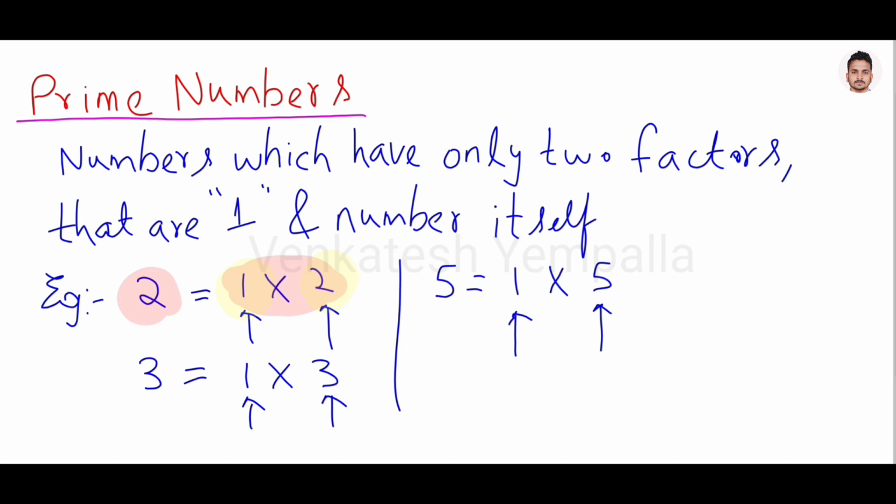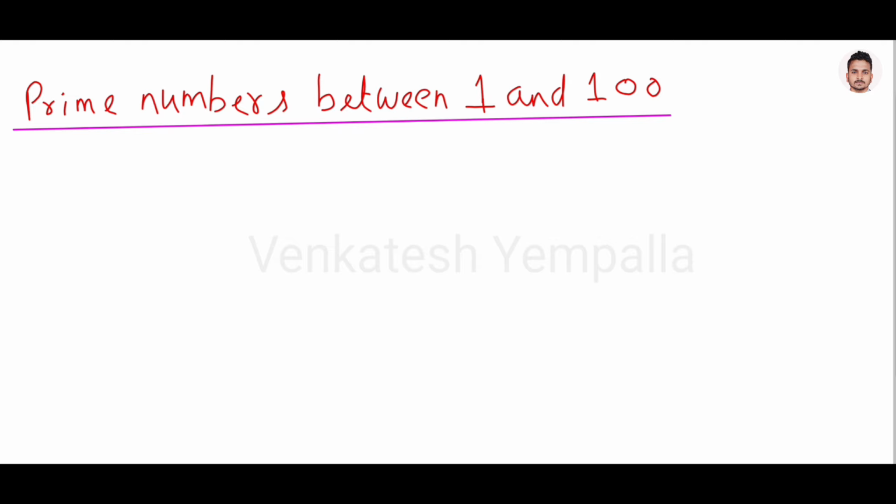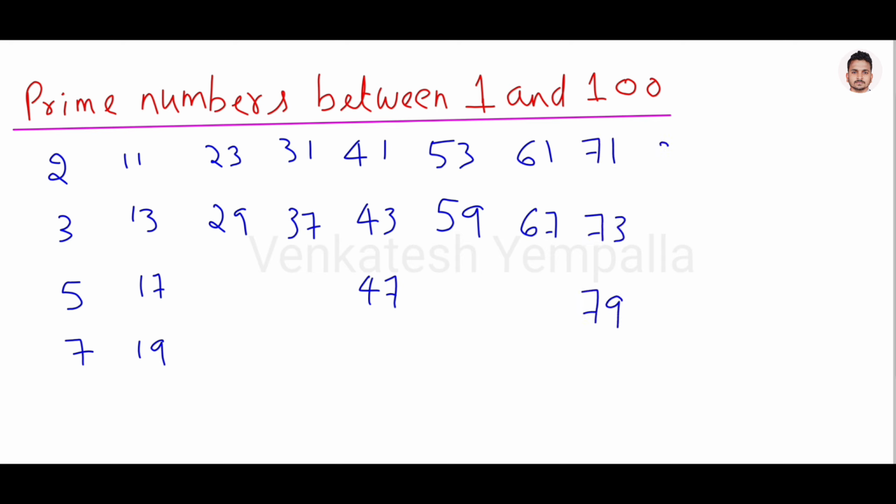Now I will write the prime numbers between 1 and 100. Prime numbers between 1 and 100: 2, 3, 5, 7, 11, 13, 17, 19, 23, 29, 31, 37, 41, 43, 47, 53, 59, 61, 67, 71, 73, 79, 83, 89 and 97.